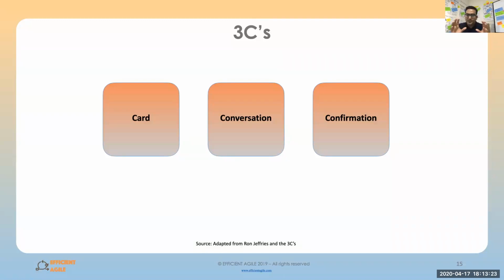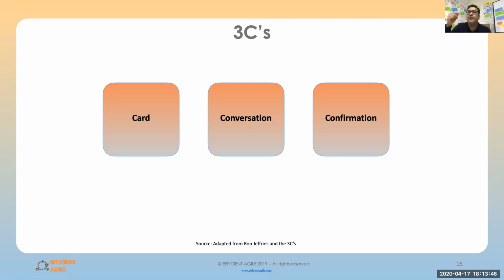And the conversation, you get together to have a conversation with your product owners, with your team members about the product, about the software, about your goal, what you want to build, what you want to do. And the confirmation is a few criterias. How am I going to satisfy these things?